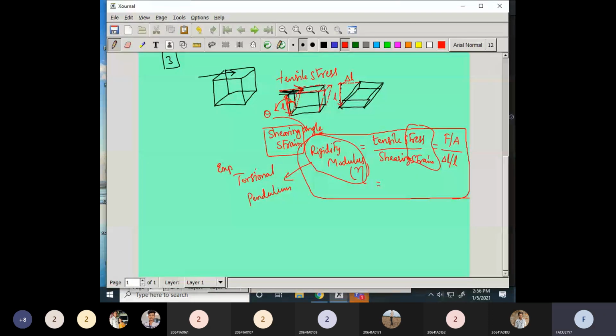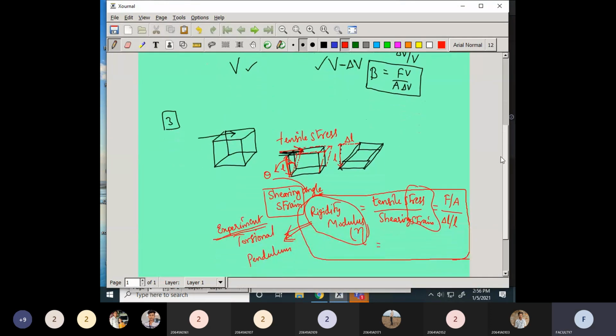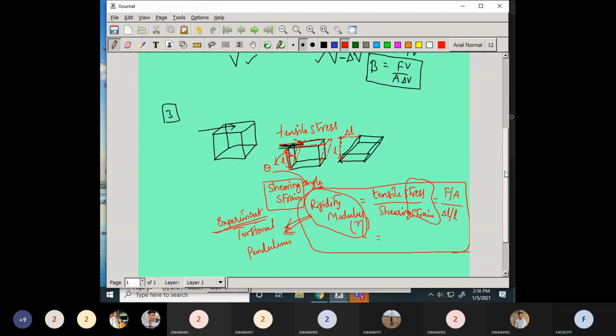So this is the experiment to find the rigidity modulus of this material, whatever may be the material. We are going to construct a pendulum. So there you are going to utilize the tensile stress, and you will do the experiment, and you will find the result as the rigidity modulus.